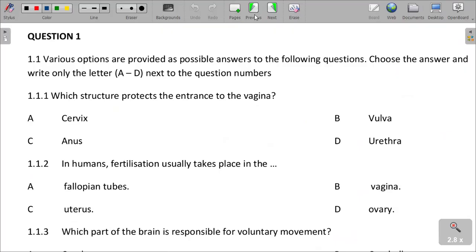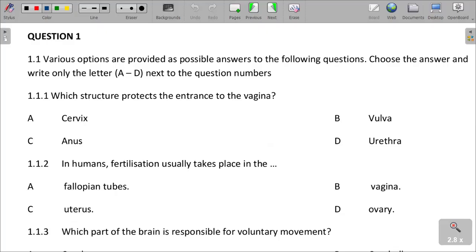When you look at the female reproductive system, there is no way you are going to go to the exam and not understand human reproduction. It constitutes the most marks. So with human reproduction, you must be able to know the male and female reproductive structures. Which structure protects the entrance to the vagina?